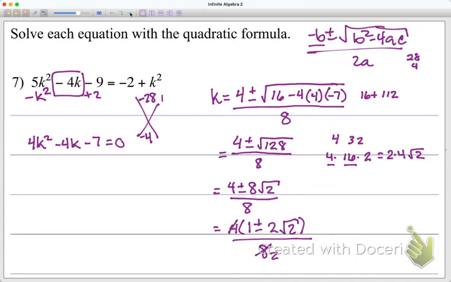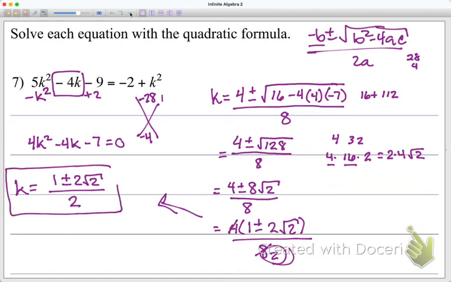So I'm going to go this way because I have more room. So k equals 1 plus or minus 2 square root of 2 all over 2. And that's my answer. Now, I wouldn't expect you to work that out because we don't know the square root of 2, correct? Yes.